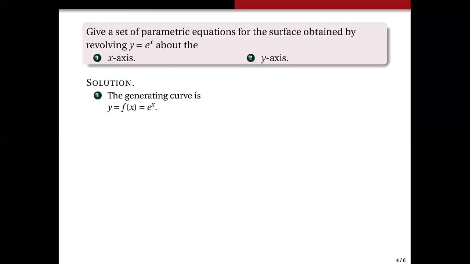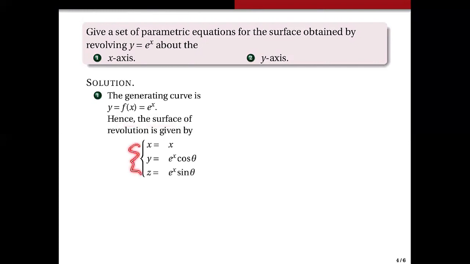For the first one, remember from your Cal 2, we have your generating curve y equals e to the x. You can write this as y equals f of x, and therefore the surface of revolution is given by these parametric equations.